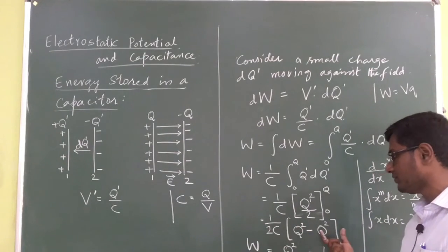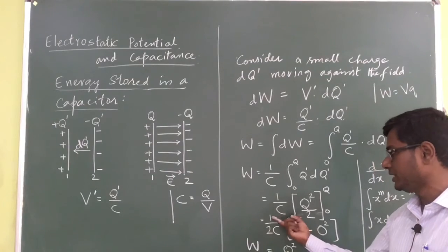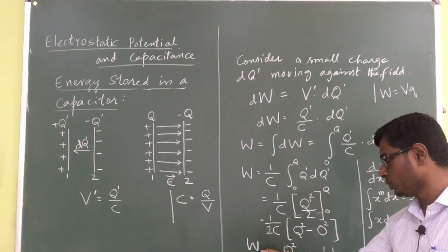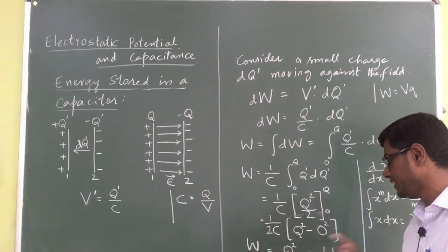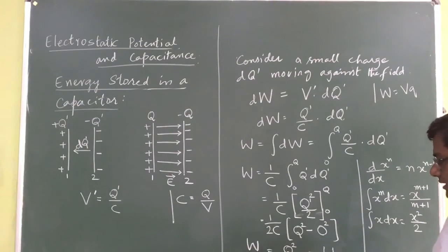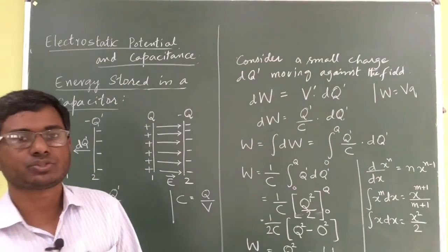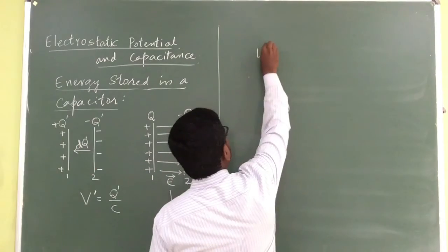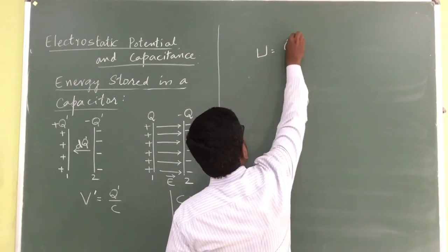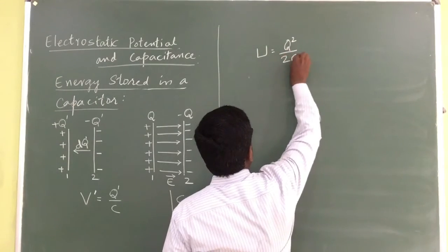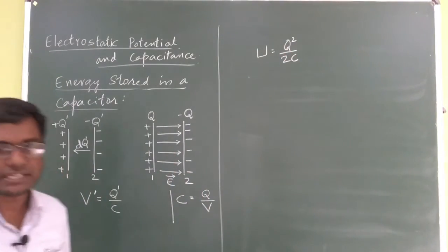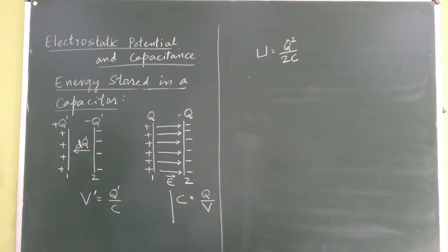And simplifying this equation, this Q square will be multiplied by this one. We get the total work as Q square by 2C, and that is going to be my potential energy, or the energy stored in the capacitor. U is equal to Q square by 2C. This is my equation of capacitance.